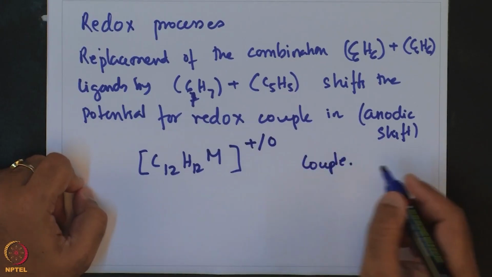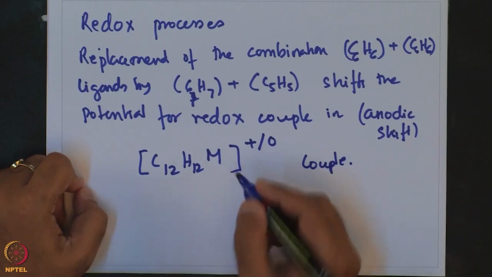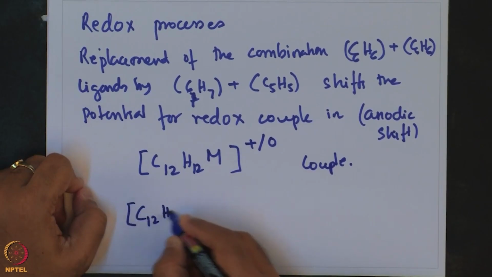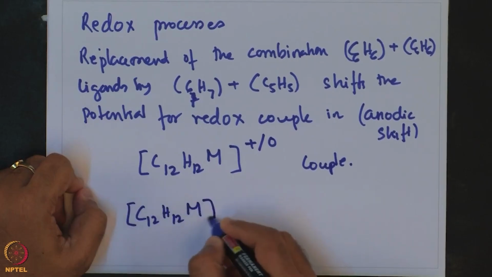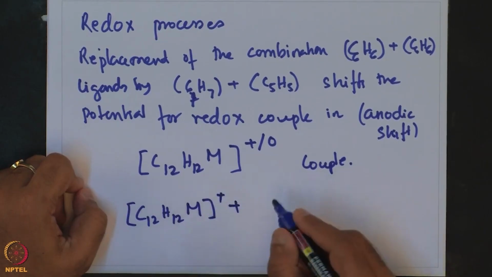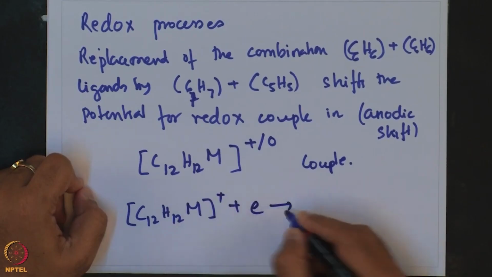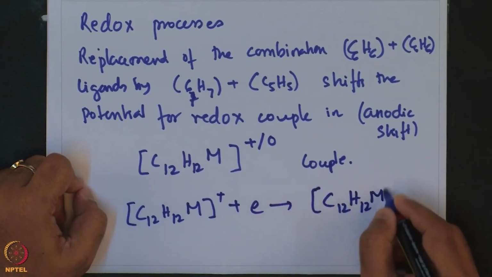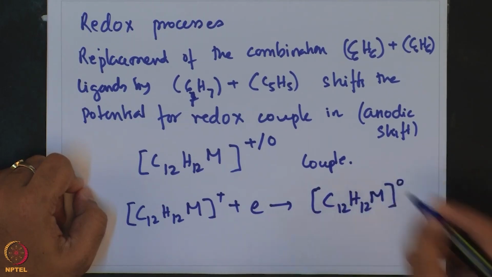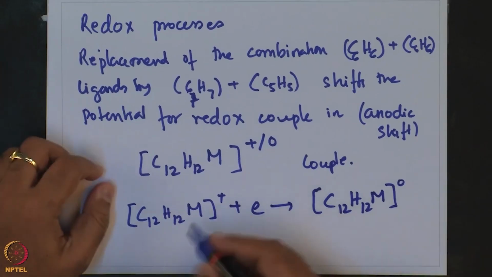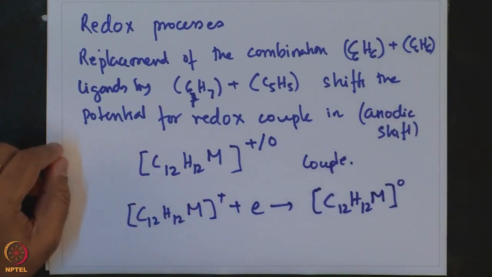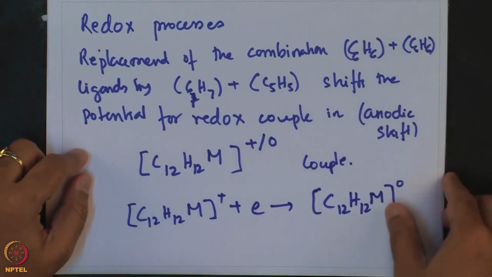This means that it can be used for the reaction C12H12M plus e giving C12H12M 0, and the E values which have been measured for certain complexes are to be mentioned here.